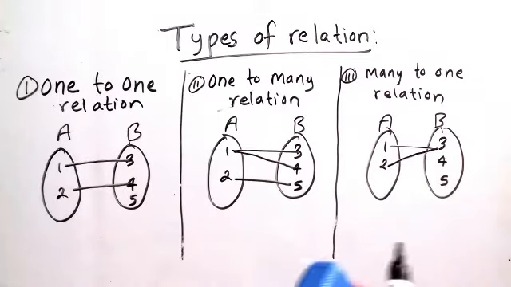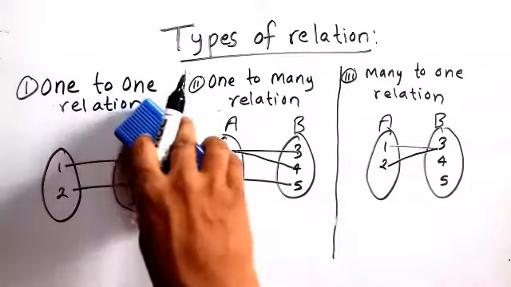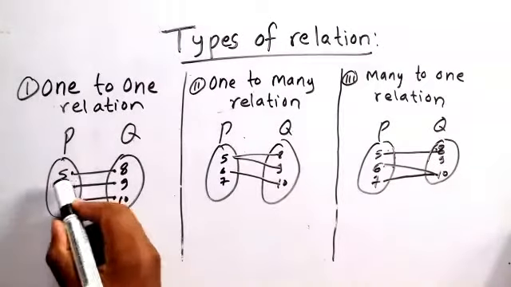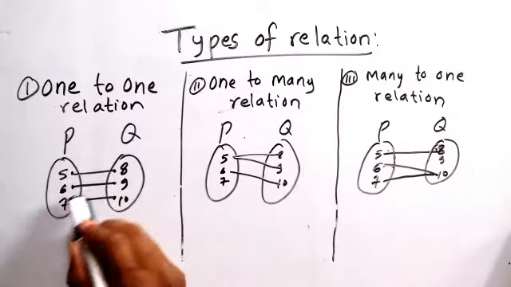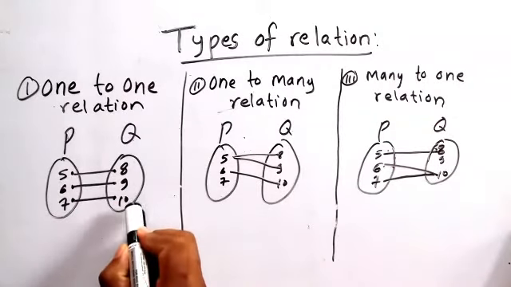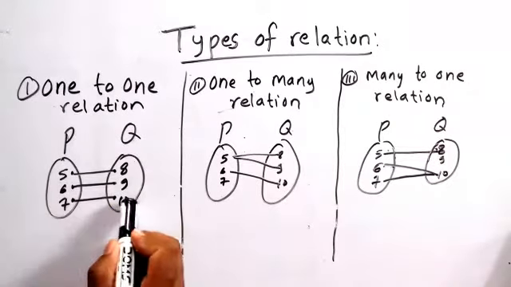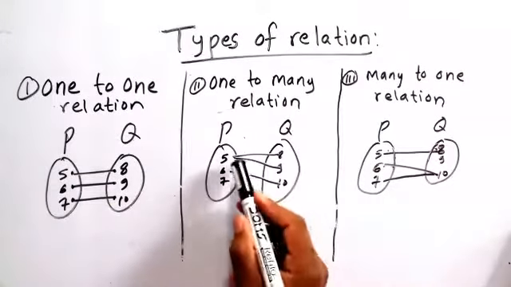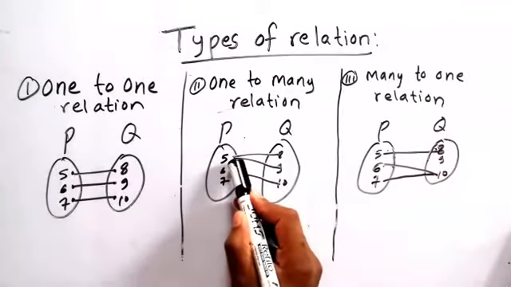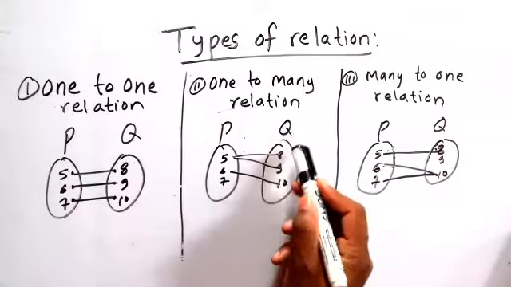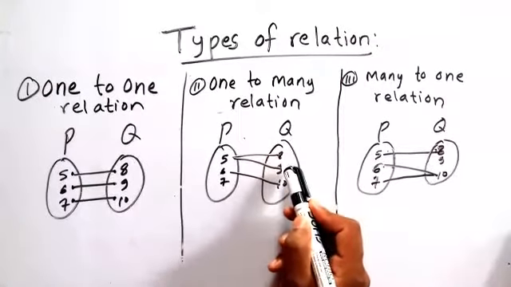Now let us take another example. Here element 5 maps with 8, 6 with 9 and 7 with 10. That is, here the mapping is 1 to 1. And here element 5 maps with two different elements of set Q, that is with 8 and 9.